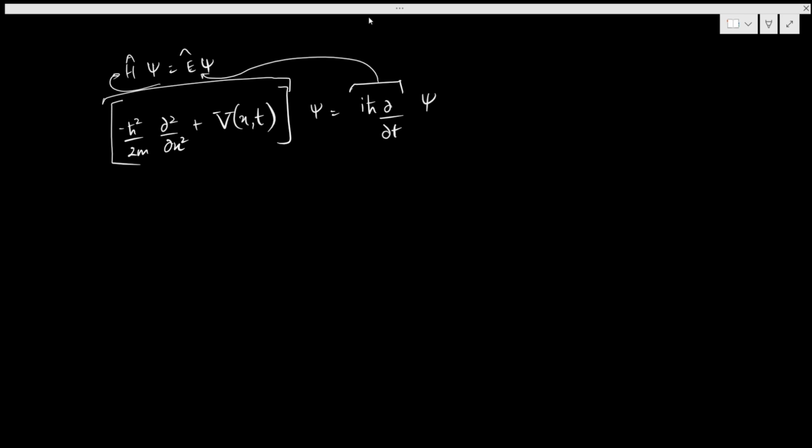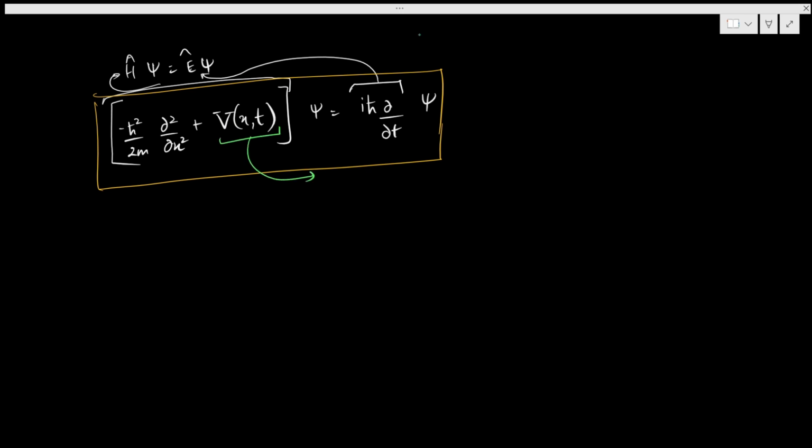And this gives you a time-dependent equation for the Schrodinger wave equation. Note here that v of x comma t is now a function of x and t. So it's a function of position and time.